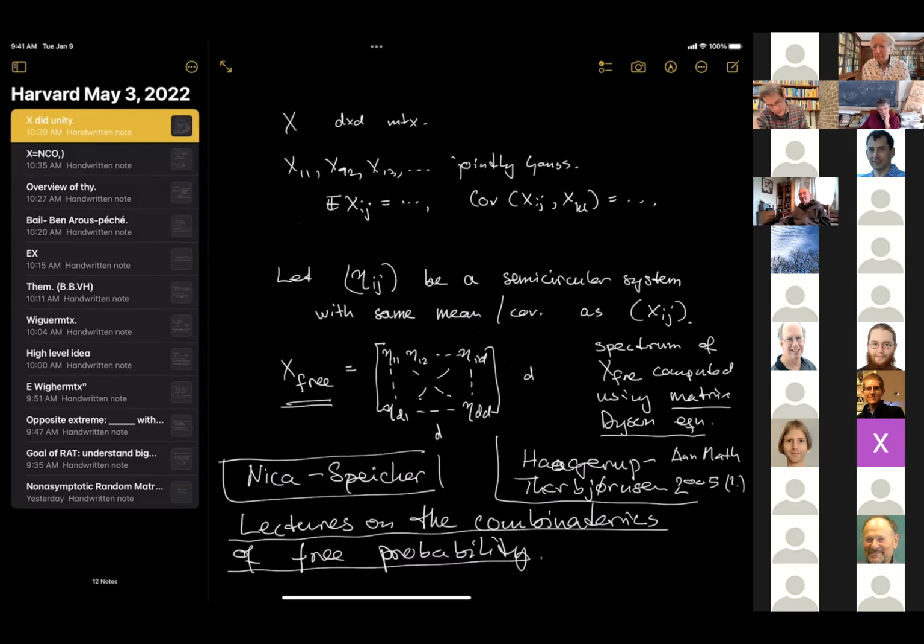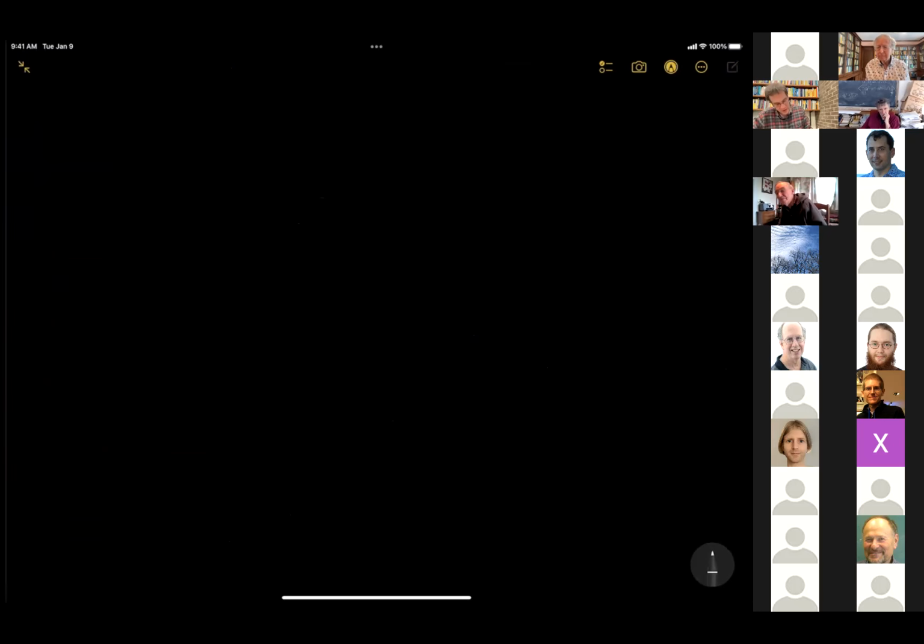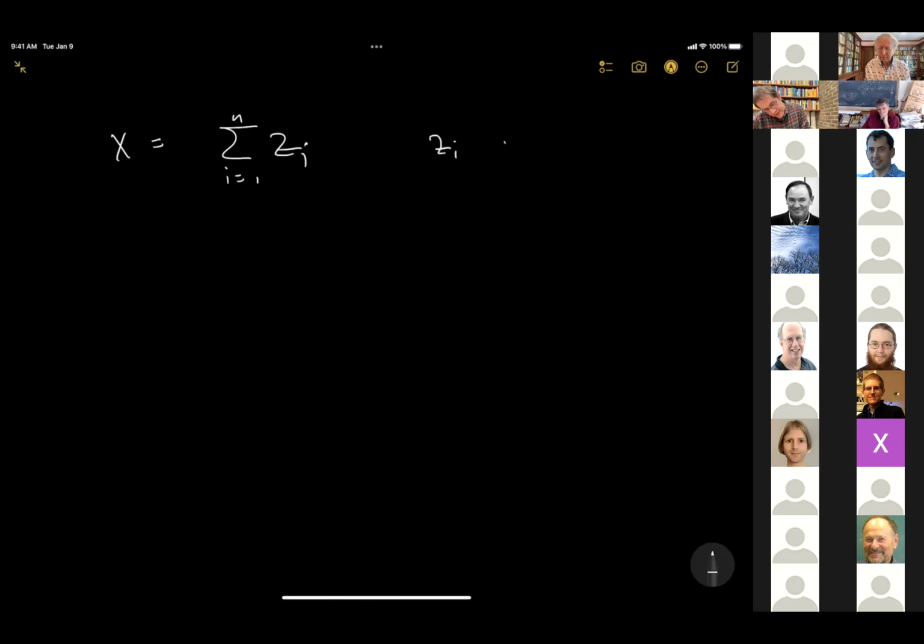But it turns out in the applied math literature, there is a basic model that has turned out to be very, very influential, which is that if I take the random matrix X to just be a sum, i is 1 to n, of Zi, where Zi are independent random matrices. And I don't assume anything else.